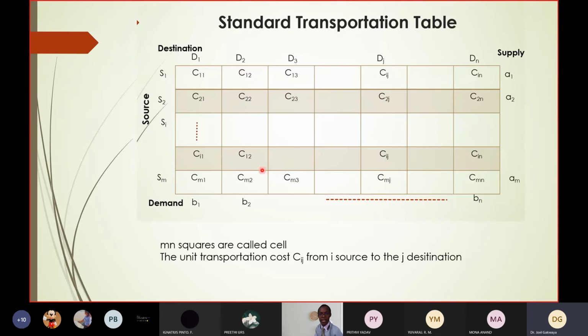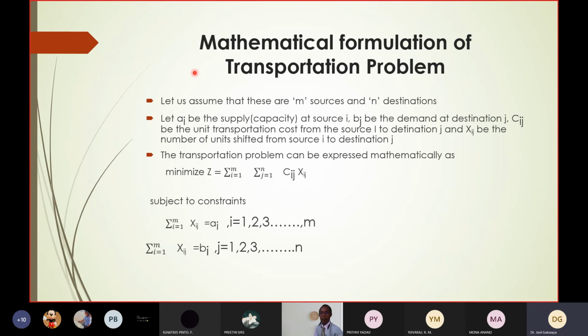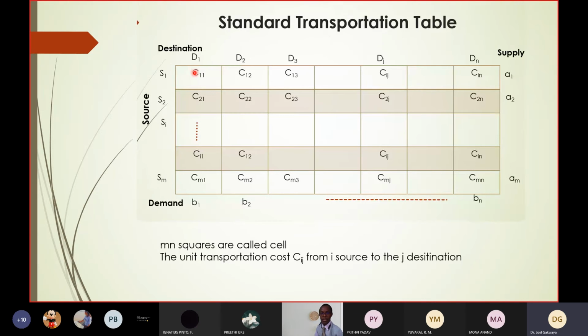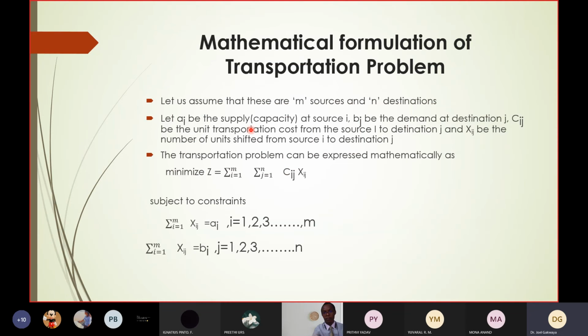We take the cost, multiplied by the amount or item to be shifted, and then make the summation of them: the cost times the shifted item, plus the cost of the second source to the second destination, and so on. That's the value. We want to find the minimum cost.